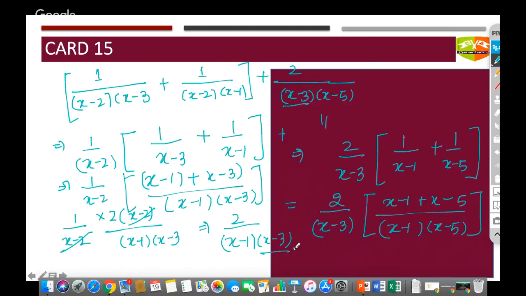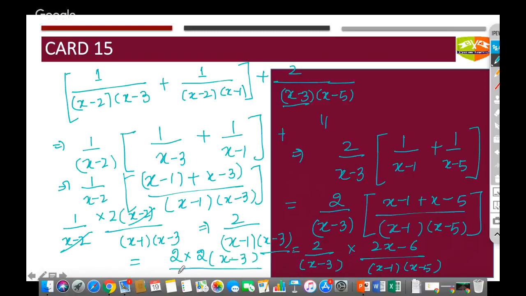So this is equal to 2 divided by x minus 3, and this is 2x minus 6 divided by (x minus 1)(x minus 5). So this is nothing but 2 multiplied by 2 taken from there, and this x minus 3 cancels with that x minus 3, and (x minus 1)(x minus 5) will remain as it is. So my answer would be 4 divided by (x minus 1)(x minus 5).